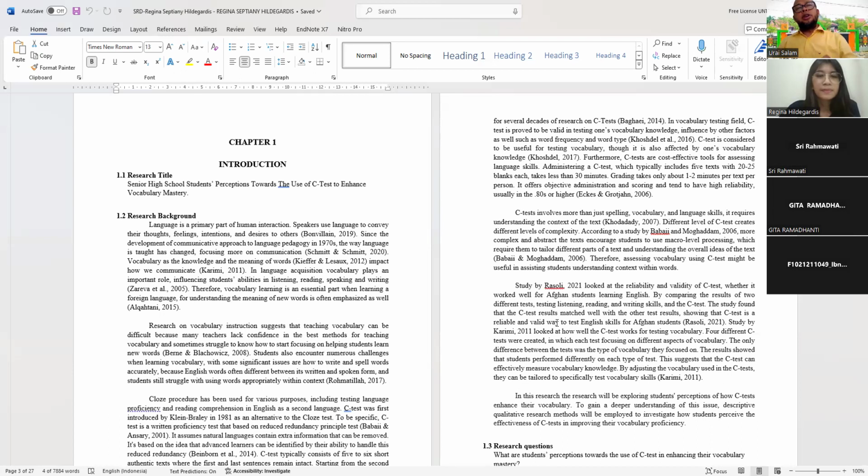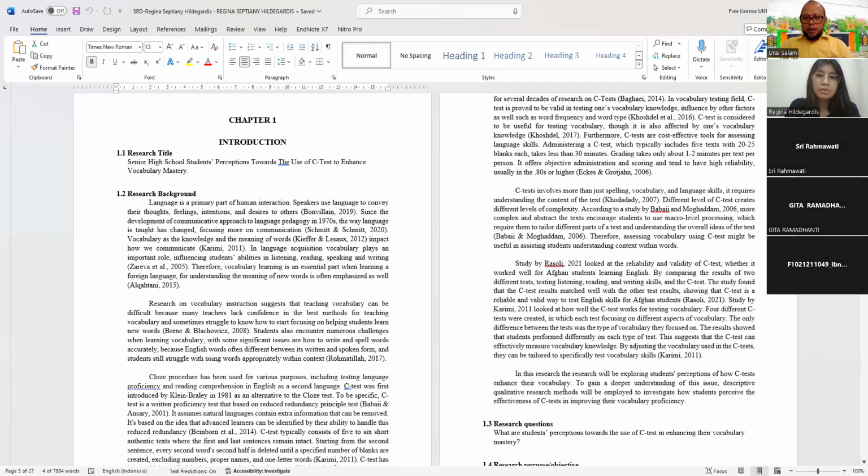If your title is perception, it means this product is already available and already familiar to the students, but it is considered a bit new. So if our title is perception, it has to be about something new but already familiar. If the product is already old, then a perception study is no longer up to date.